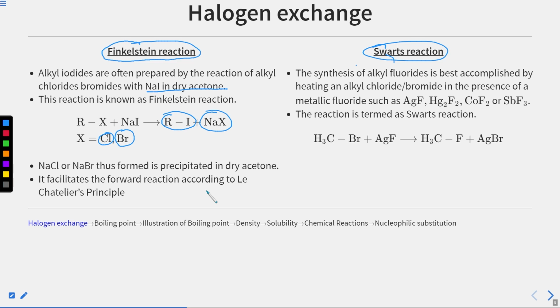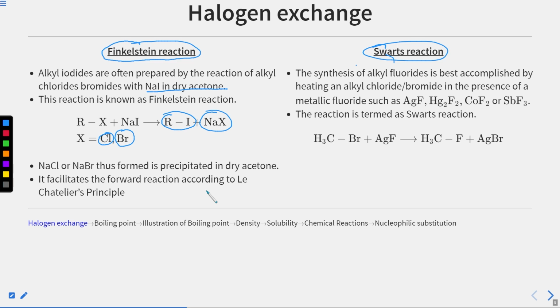Now we have less product, so according to Le Chatelier's principle, the reaction will proceed in the forward direction so that the equilibrium can be established again. In this way, we use the removal of sodium chloride and sodium bromide to make our reaction faster and get a greater yield.